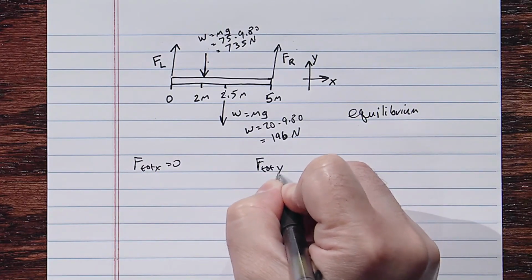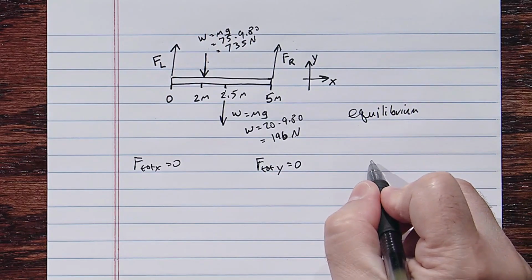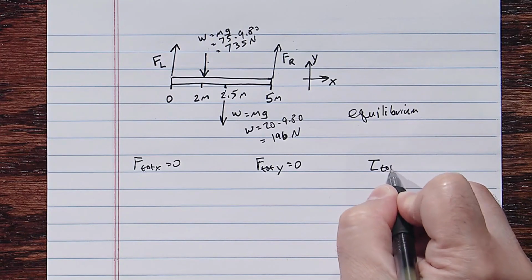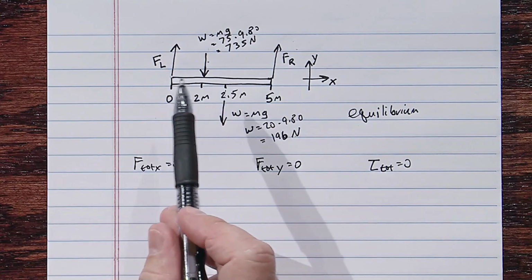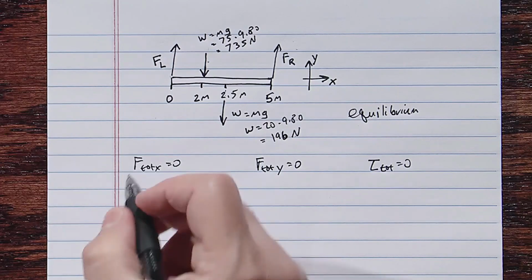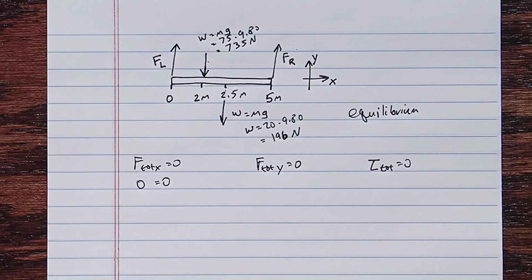Force total Y is equal to 0. And our new equation, torque total is equal to 0. Force total X: we have no forces in the X direction. So 0 equals 0, which is true. Not helpful in this case, but it's true.